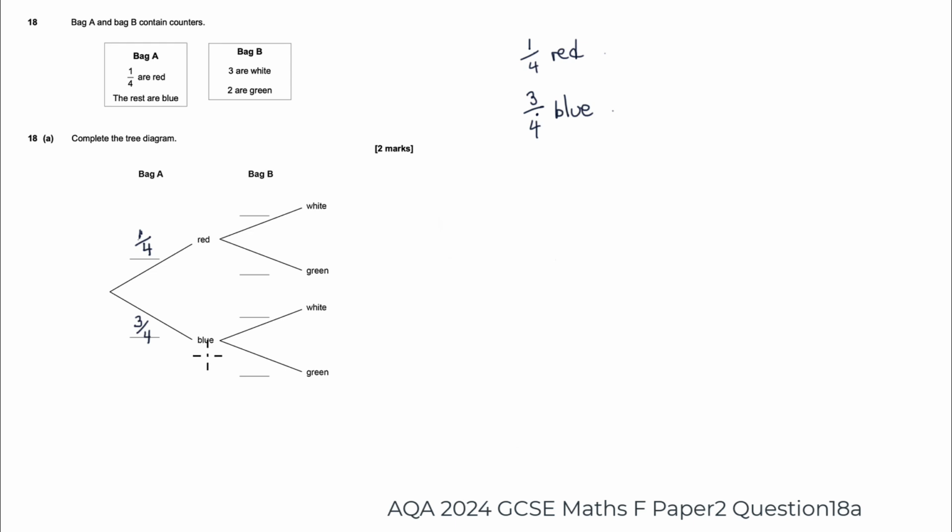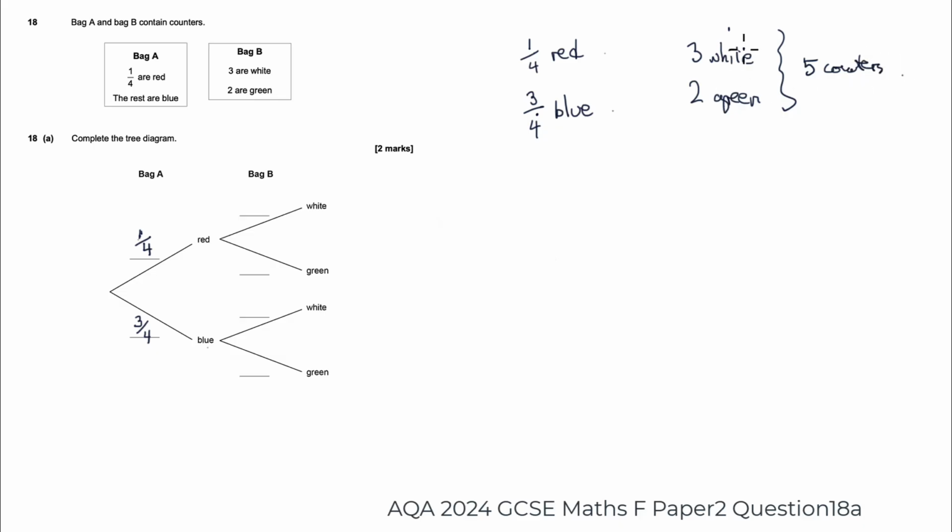Now let's look at bag B. What do we know about bag B? There's 3 white and 2 green. In other words, there are 5 counters.